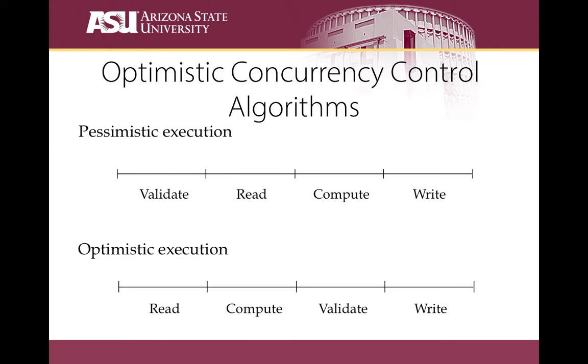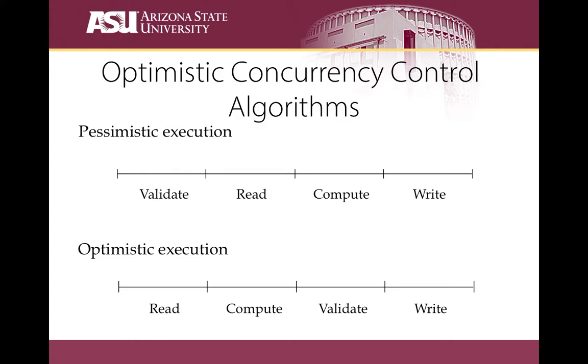So what's the benefit of having multiple versions? Because this way you're not going to restart, right? It depends on how many versions you have. So you can always write a new version. But there are still limitations to achieve serializability.